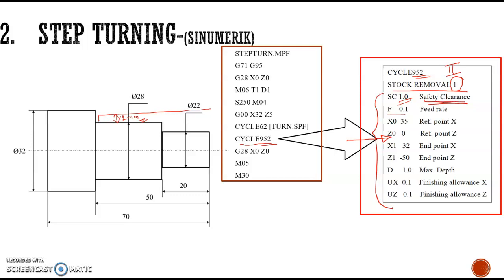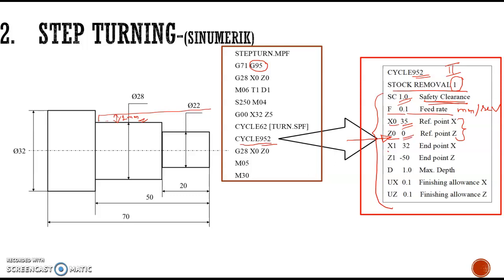Second one is the feed rate. The feed rate is 0.1. Here we know that the feed rate is given as G95. 95 means the rate is in mm per revolution, so 0.1 mm per revolution feed rate is given. Then X0 and Z0 are the initial reference points, so here 35 and 0 have been taken.